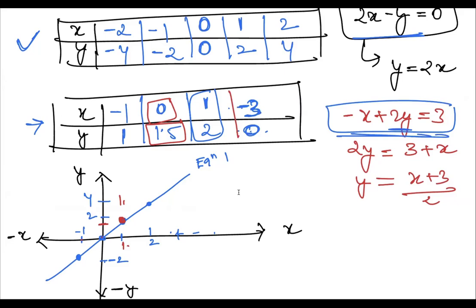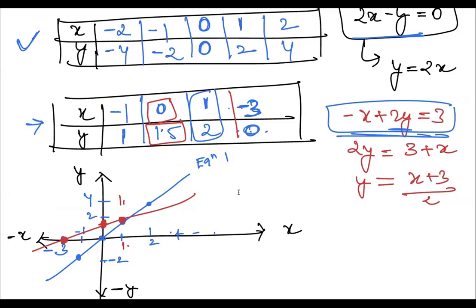Do you all agree? So when y is 0, the point will be -3 here. So essentially, this line will pass from these points. This is -3 comma 0, this is 0 comma 1.5, and this is 1 by 2.